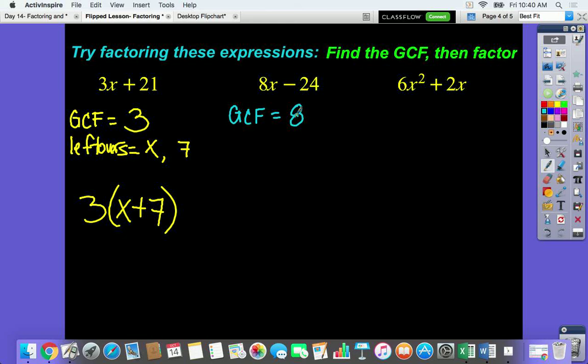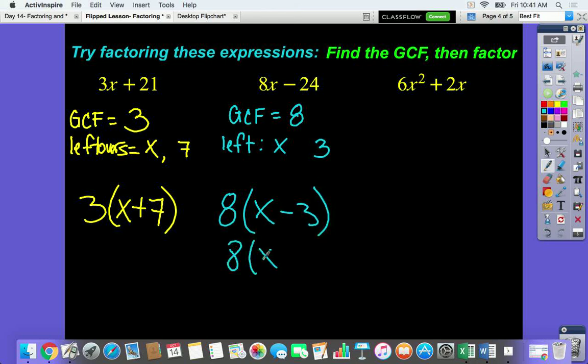What's left over? Well, 8x divided by 8 is x. 24 divided by 8 is 3. Here we go. 8 times the quantity of x minus 3, or 8 times the quantity of x plus negative 3.